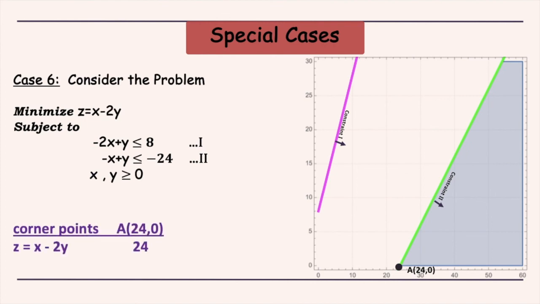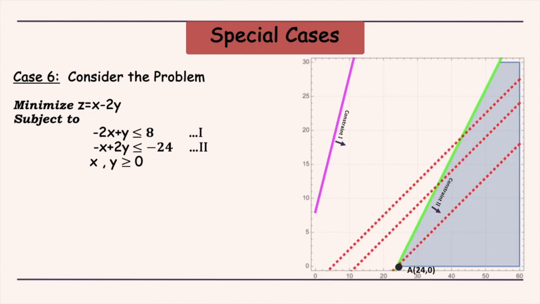Now, corresponding to this particular corner, the z value is 24. Now, are we sure whether this is the minimum or can we reduce z to an even smaller number? For that, again I have taken up 3 different z lines, one for z equals 24, which is the first z line here, then the next one corresponding to z equals 12, and the third one corresponds to z equals 5.